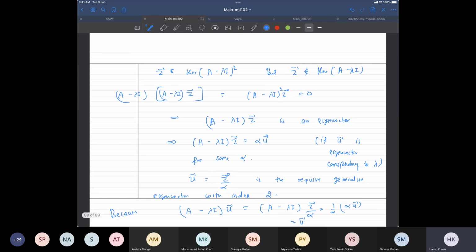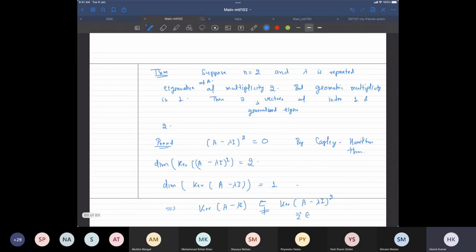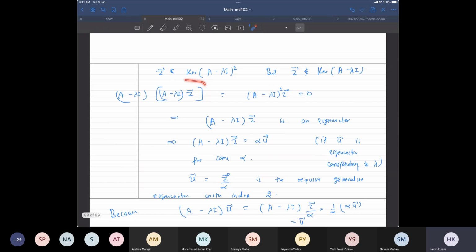Okay. So note that here we are in the case n equal to 2, right? So that means there is always an eigenvector, but one eigenvector is missing. So we are going to replace it with the generalized eigenvector. So effectively we are trying to prove that a generalized eigenvector exists. Look at this vector.